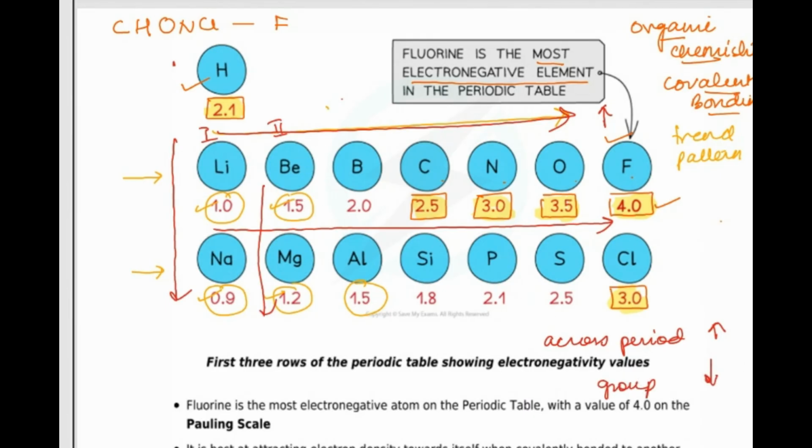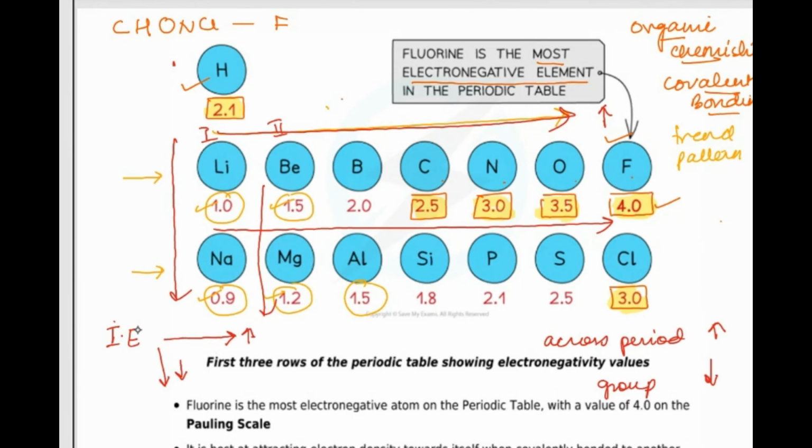The same thing used to happen with the ionization energy as well. Remember, what was ionization energy? You need to know the definition, and then we studied the trend. When we were talking about ionization energy, we said that it was increasing across the period, but when it goes down the group, it was decreasing. Am I right?